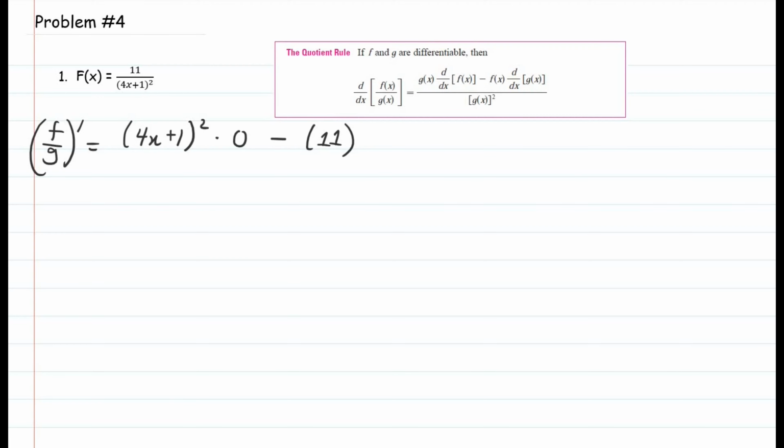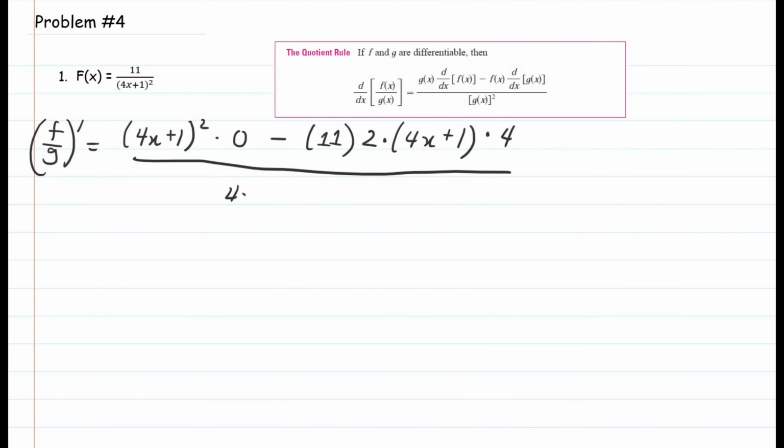We have to use the chain rule. So 2 times 4x plus 1 times the derivative of inside the parentheses, which is 4, over 4x plus 1 squared. But don't forget, we have to square this as well.